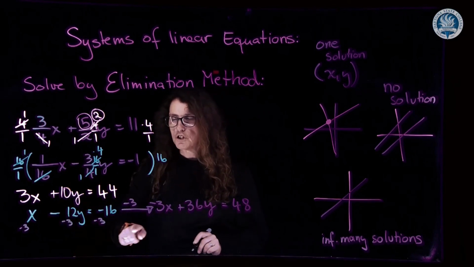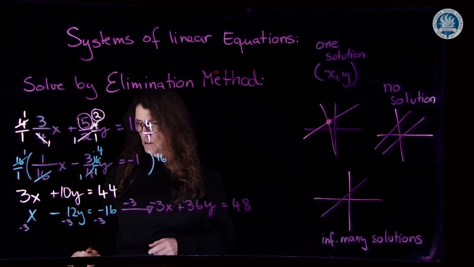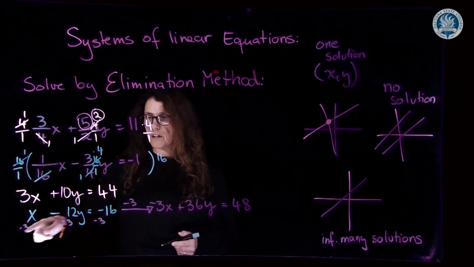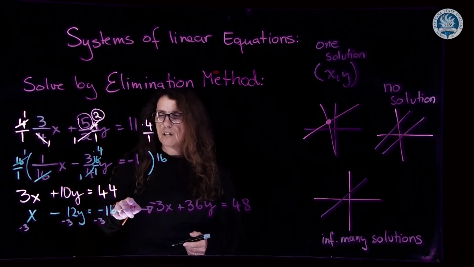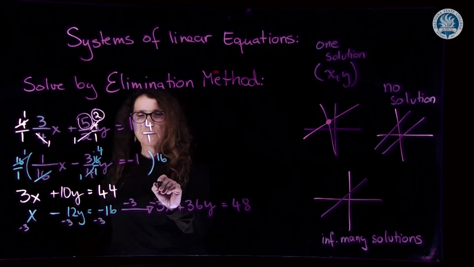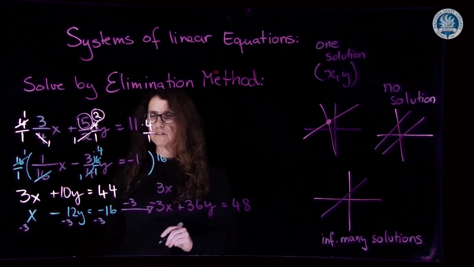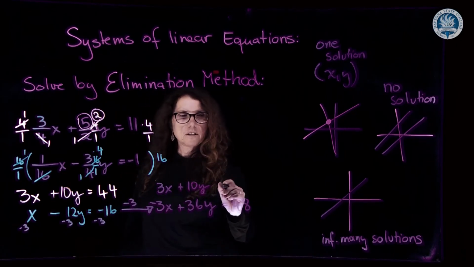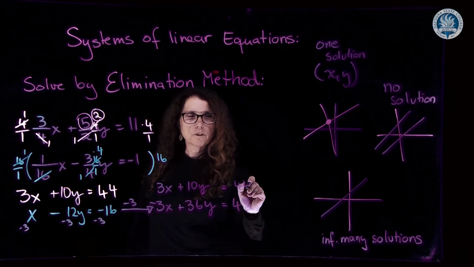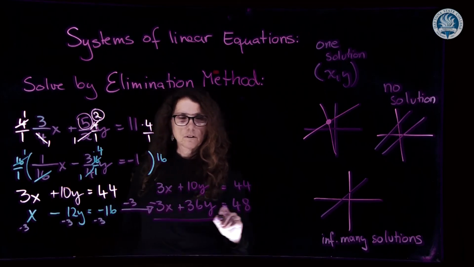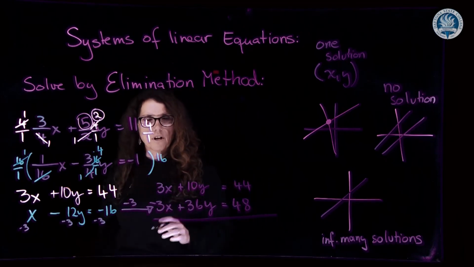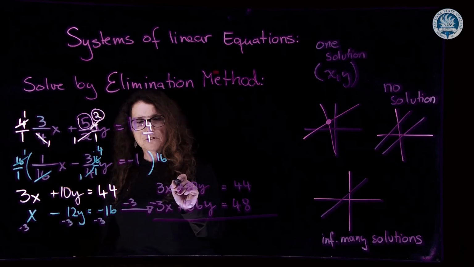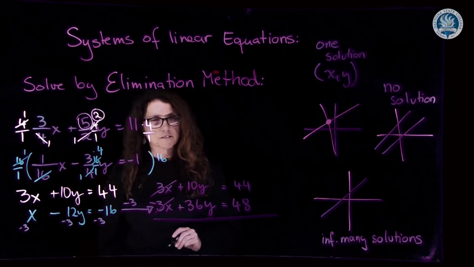So I changed the second equation and I multiplied everything by negative 3. The top equation, I just copy over. There's nothing I need to change. Plus 10y equals 44. So I'm going to add both of these equations. I can eliminate the x's.